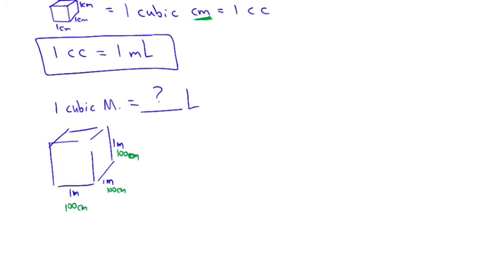Isn't that crazy? So this means 1 cubic meter equals a million cubic centimeters. Well, if it's a million cubic centimeters, it's also a million milliliters.